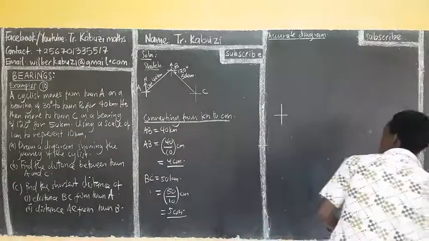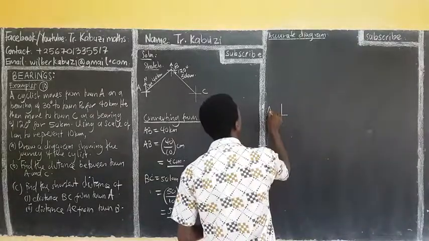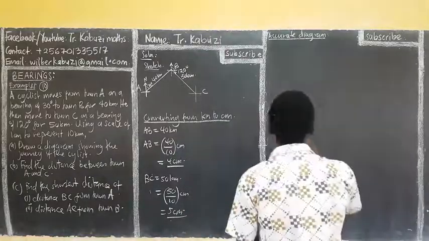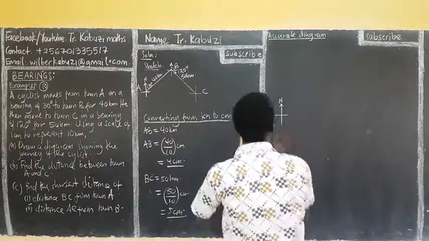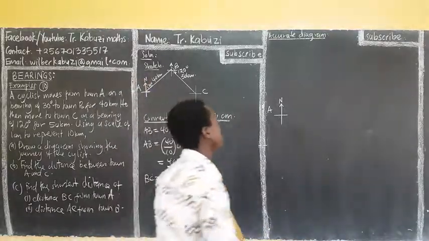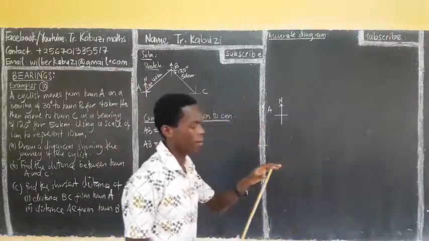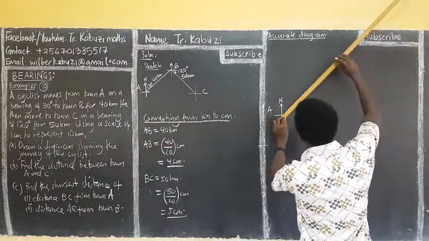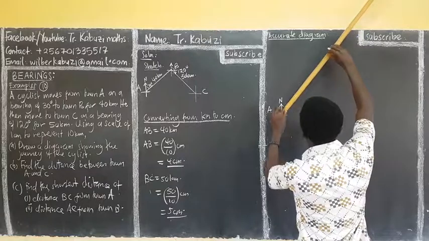So after noting that, this is your point A. This is our north. So the 30 degrees, now I draw from here, passing through 30 degrees, but I should bear in mind that 40 kilometers are equal to 4 centimeters. Now you measure 4 centimeters on your ruler.